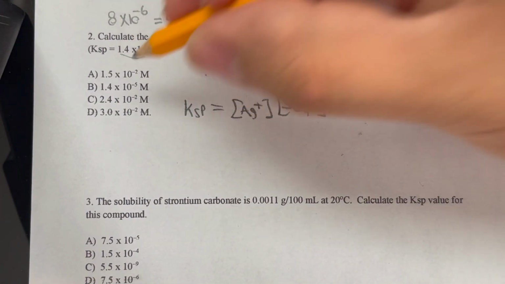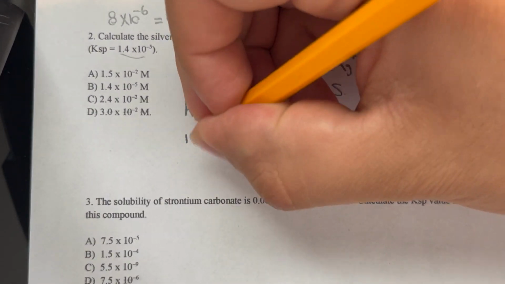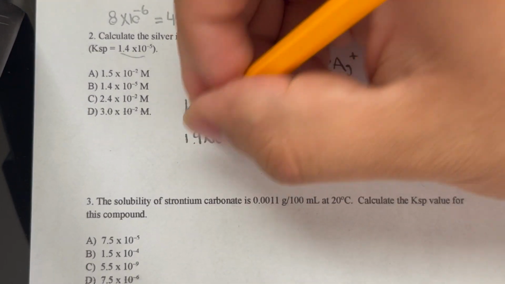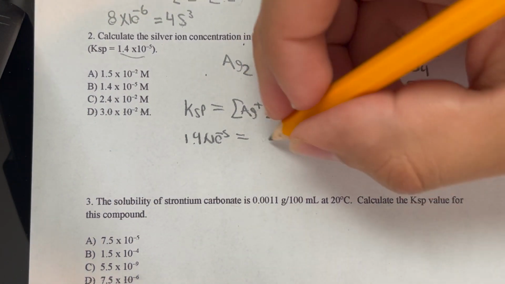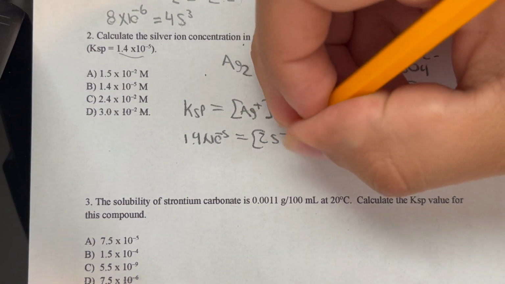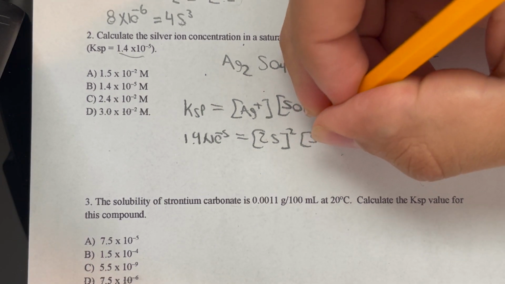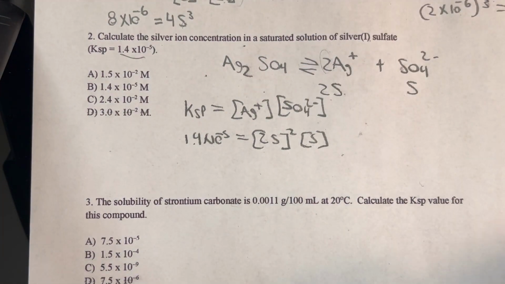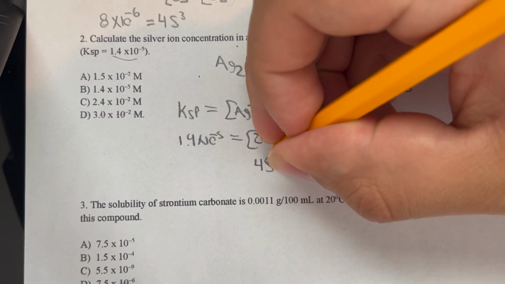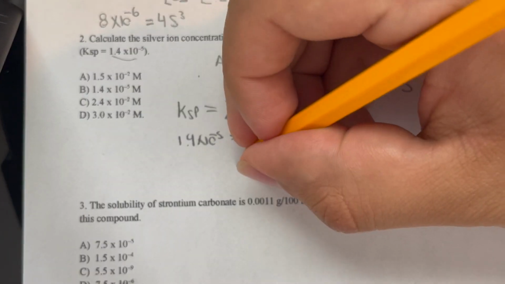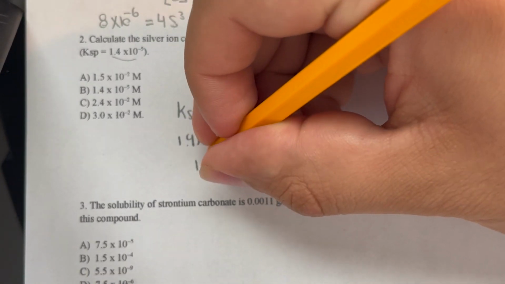We're given a KSP value, which is 1.4 times 10 to the -5. And then this is equal to, well, silver is going to be 2S squared, and then this is sulfate. So again, like the last problem, we're going to get 4S cubed, and then it's 1.4 times 10 to the -5.